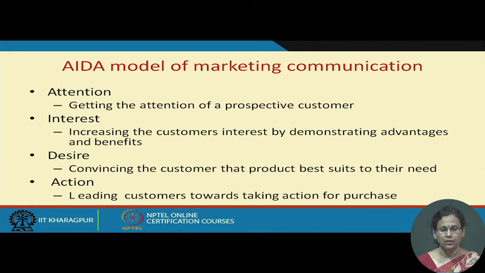After demonstrating these advantages and benefits, once the customer gets interested, the next task is to convince the customer that the product best suits their need, after which the customer has the desire to buy the product, and then the customer actually buys the product.